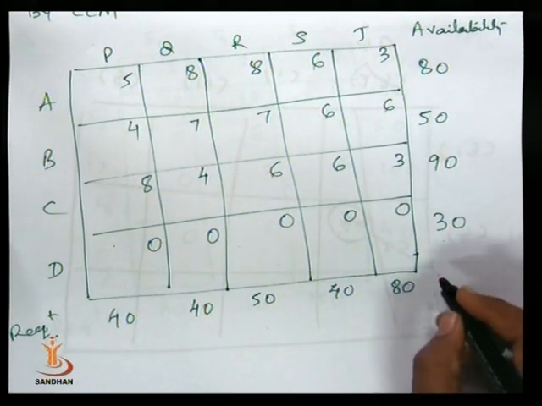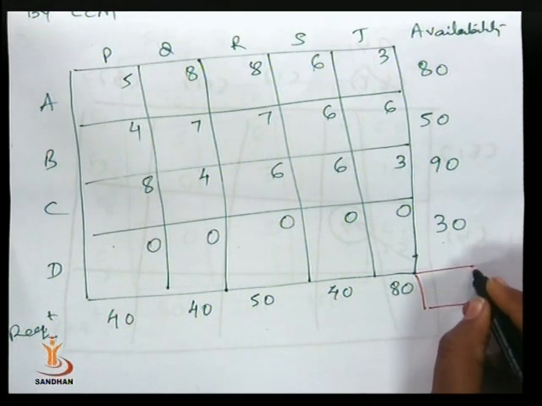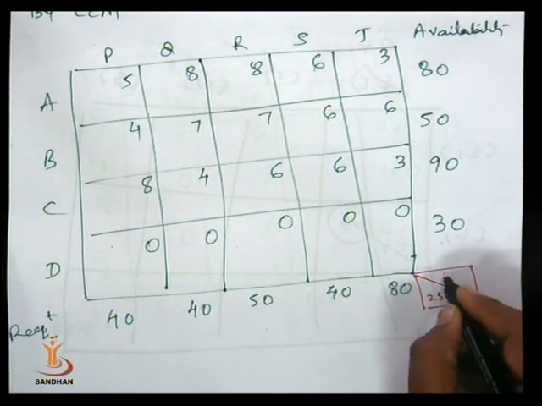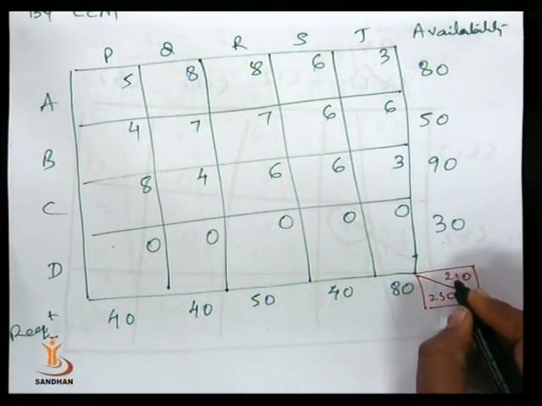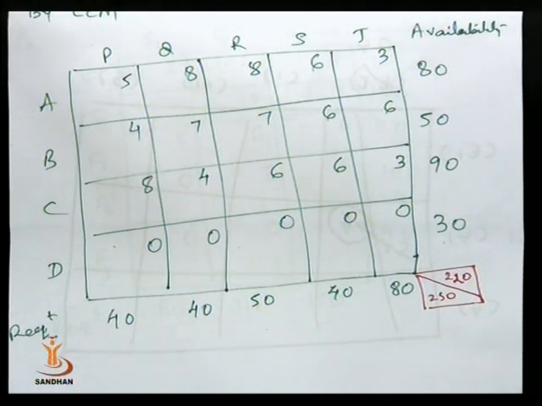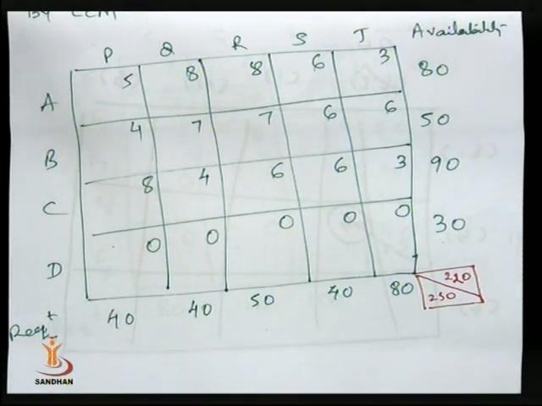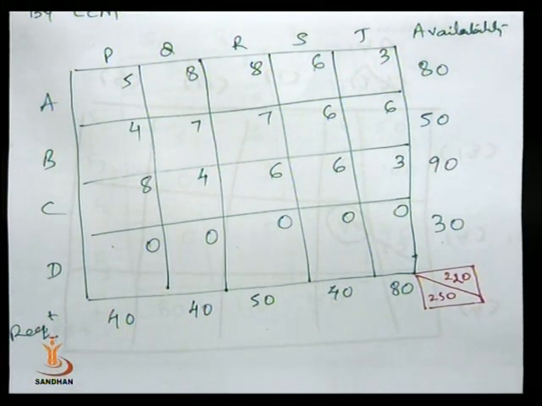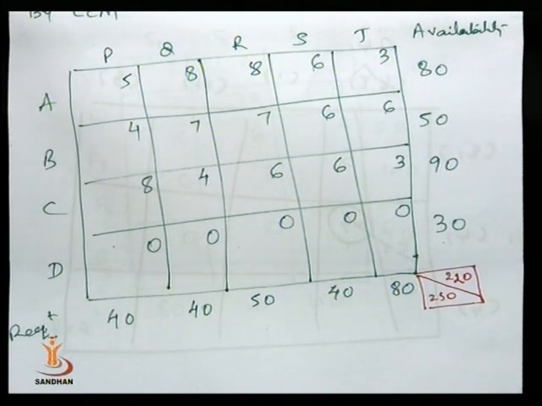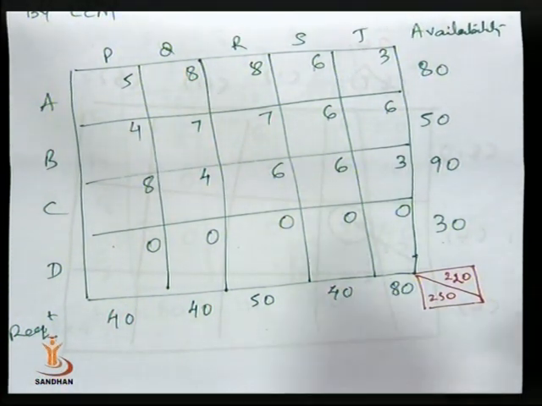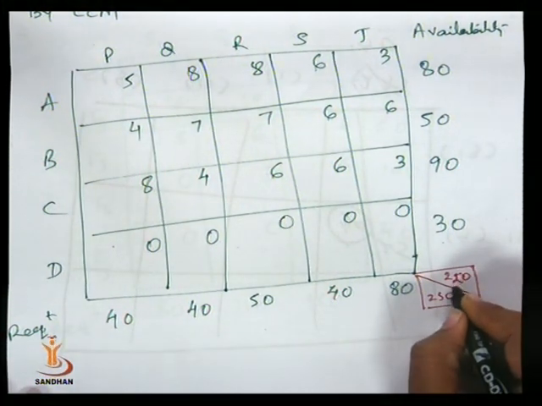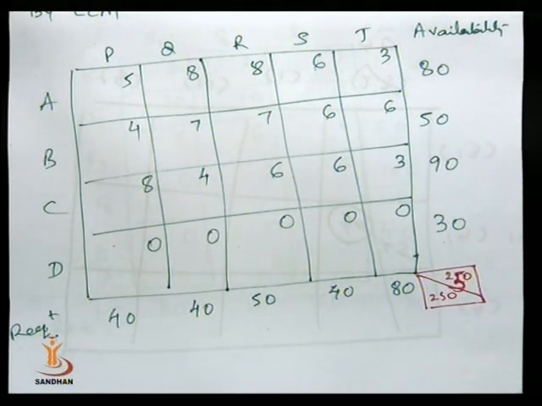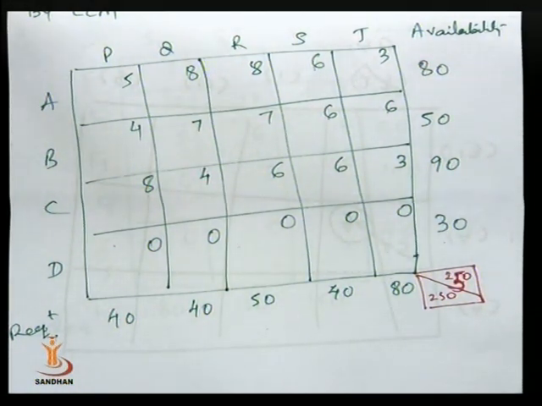There is a requirement of 250 units and 220 units available. To solve this problem by the matrix minima method, we convert it to a balanced one by adding one artificial row with 30 units available and 0 transportation charge. So our availability becomes 250 and the requirement is also 250.